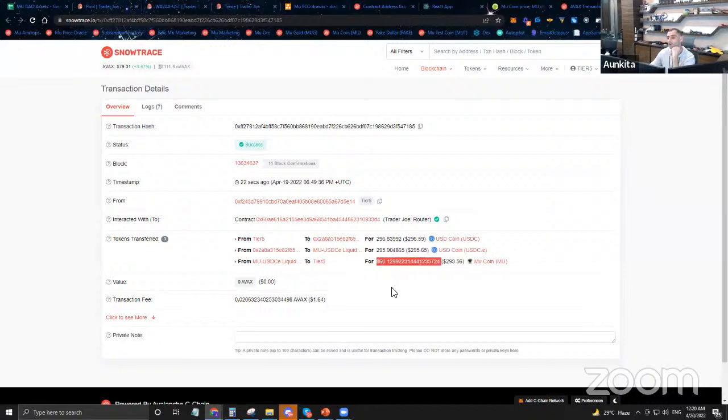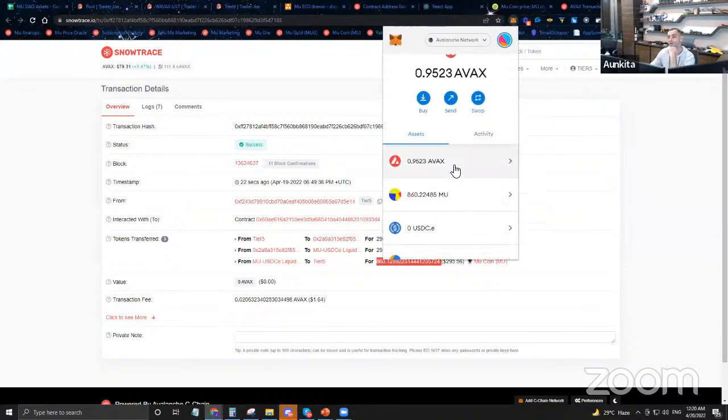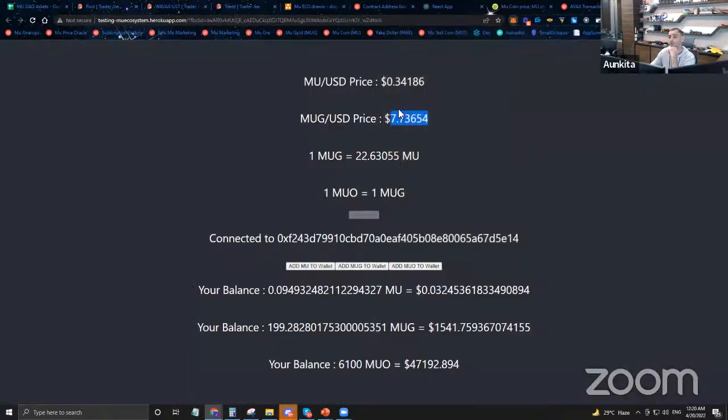Got some new coins, like 860. You can see those prices there.